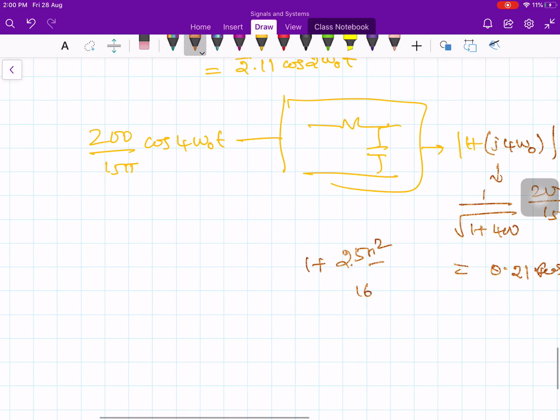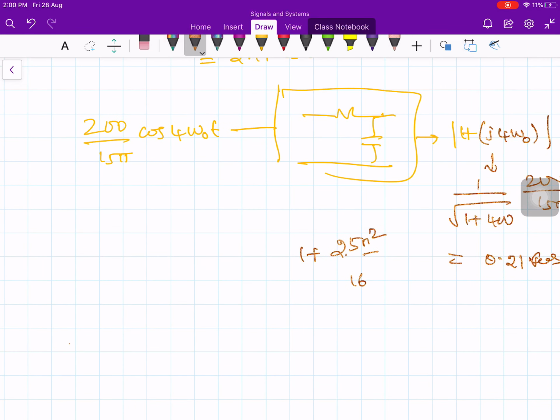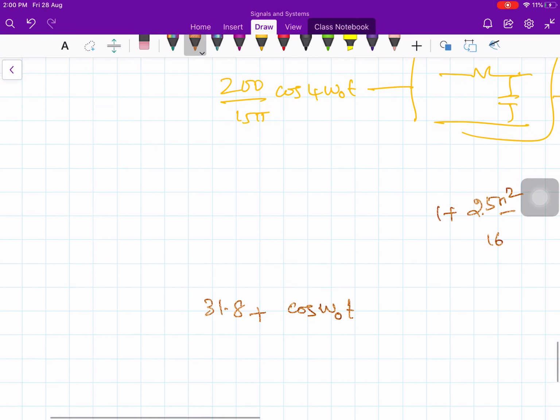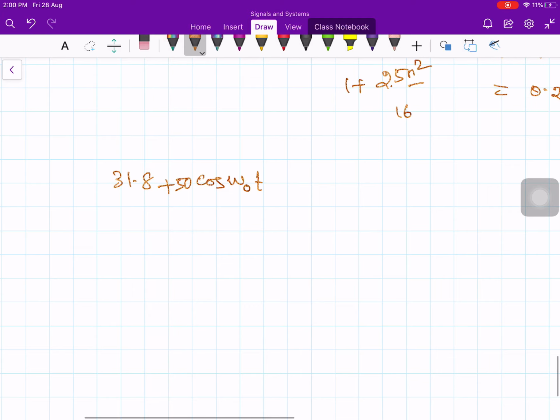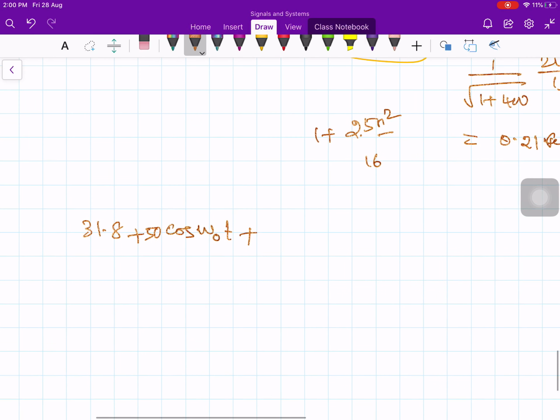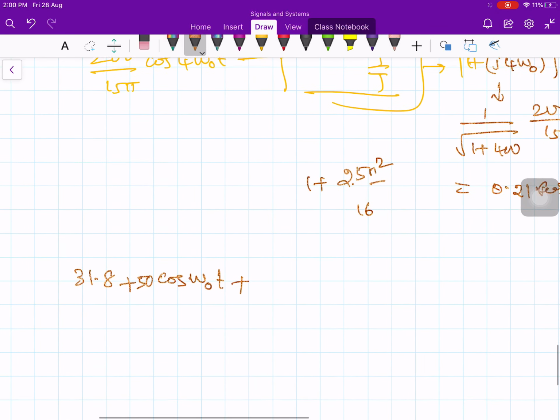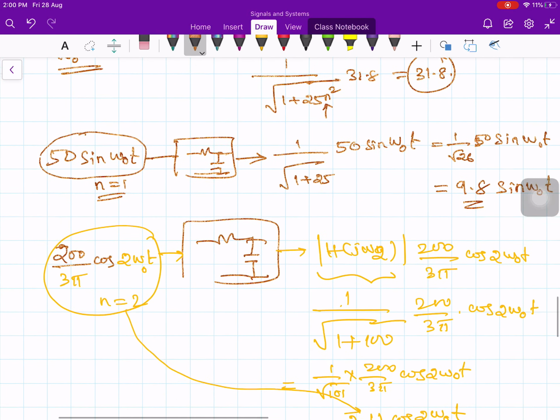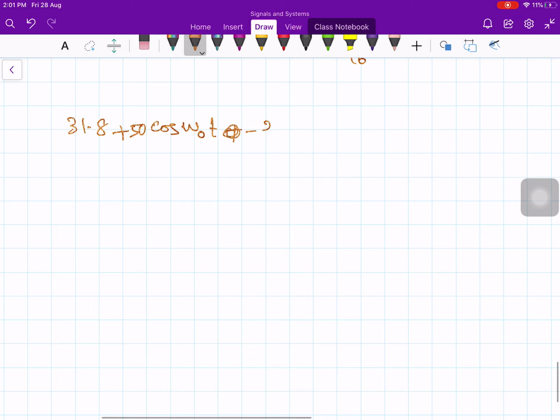Now as per the superposition theorem, you add all the inputs. The input is 31.8 plus 50 times cos omega naught t, the first harmonic, minus 200 by 3 pi cos 2 omega naught t, minus 200 by 15 pi cos of 4 omega naught t, and so on.